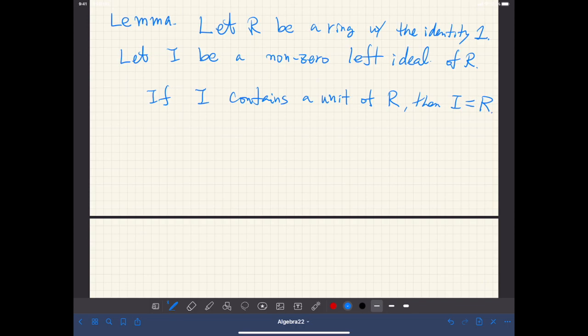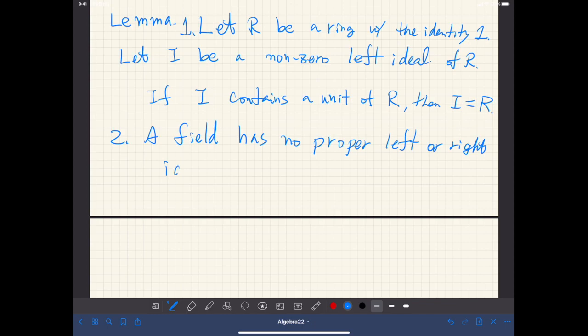And 2: a field, which is a special type of ring, has no proper left or right ideals.